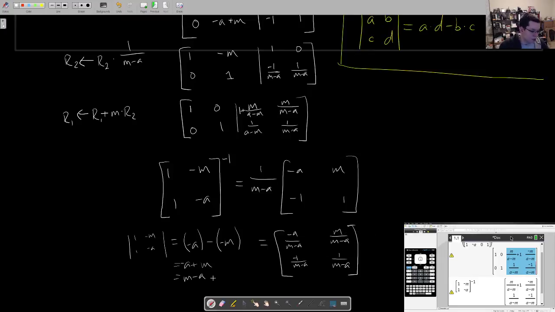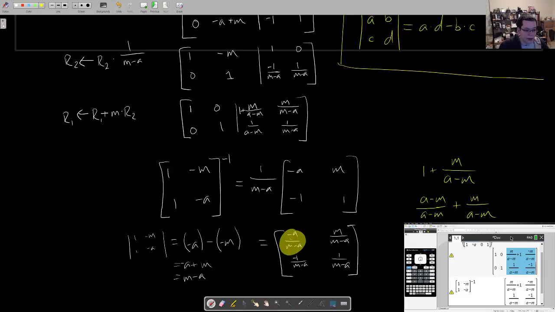Now this is the only one that you might be questioning. You'd be like, hey, I thought you said they were the same, and they are. If we do 1 plus m over a minus m, we put a common denominator on it, so we have a minus m over a minus m plus m over a minus m.